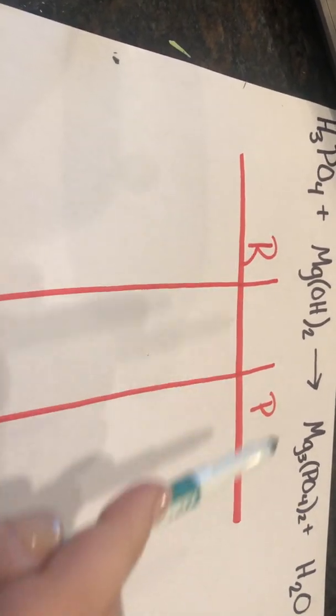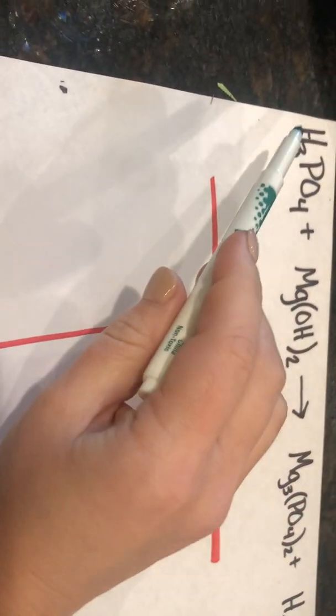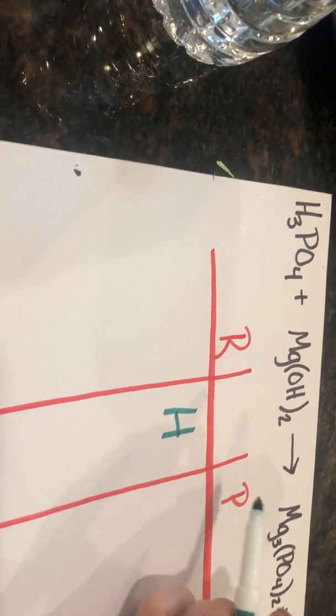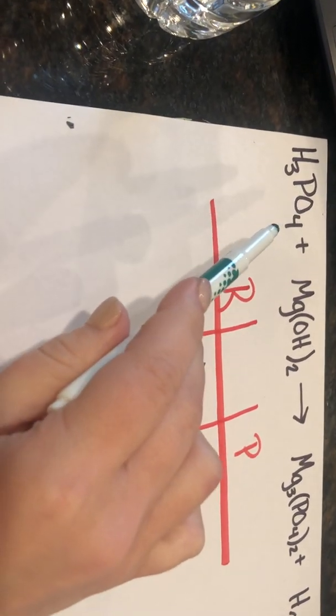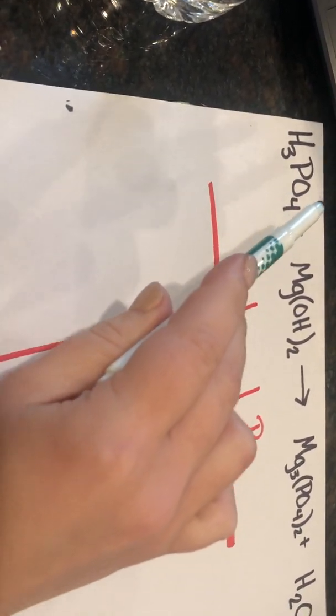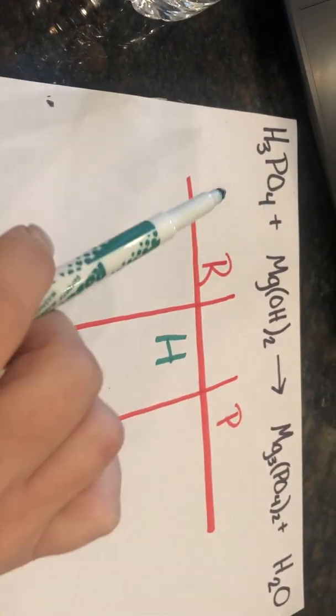So I have my chart, reactant side, product side. Let's put in our different atoms. H3PO4: we have hydrogen, we have PO4. This is a polyatomic ion, remember?